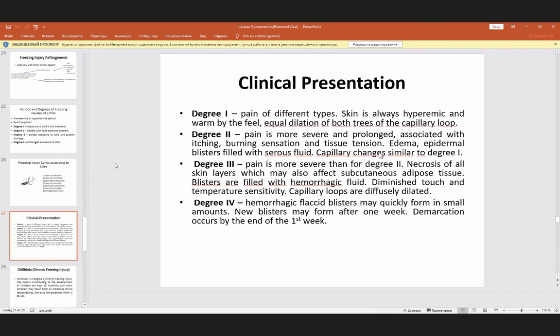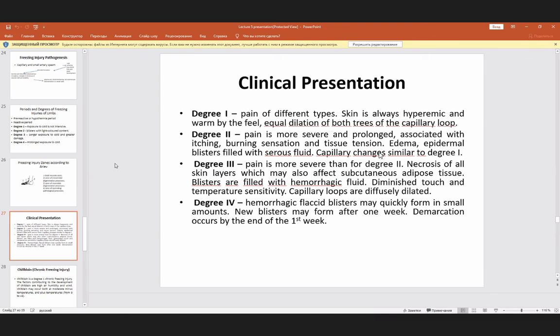Degree 2, pain is more severe and prolonged, associated with itching, burning sensation, and tissue tension. Edema, epidermal blisters filled with serous fluid. Capillary changes are similar to degree 1.